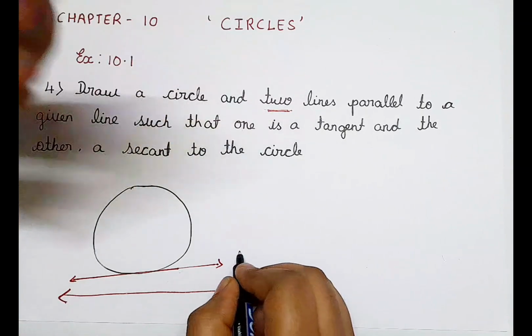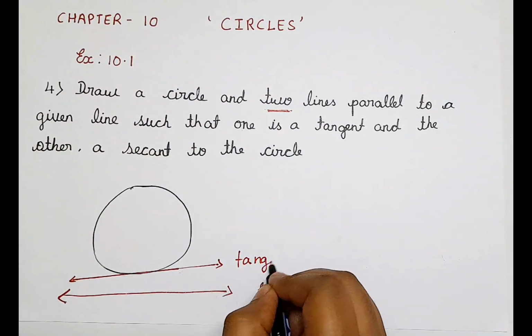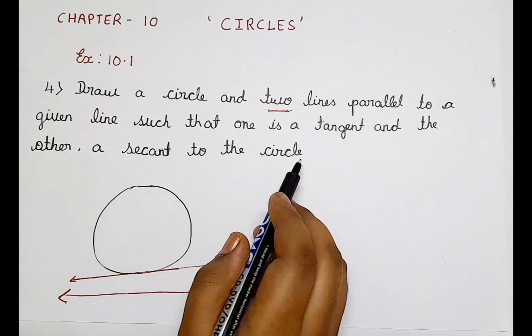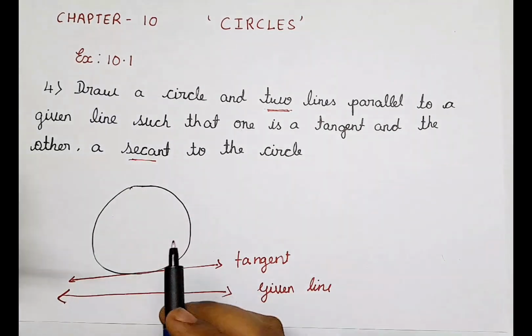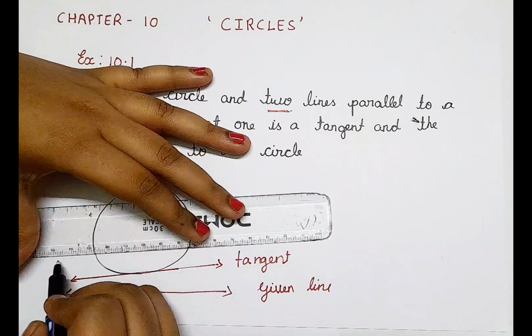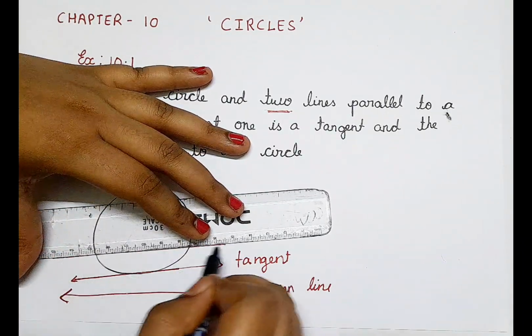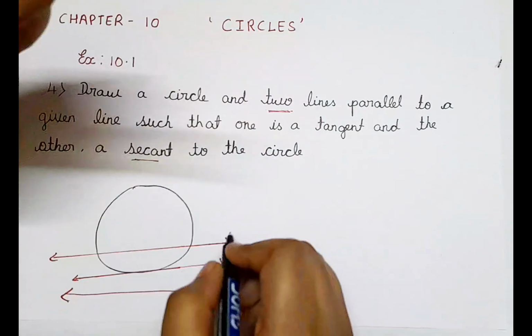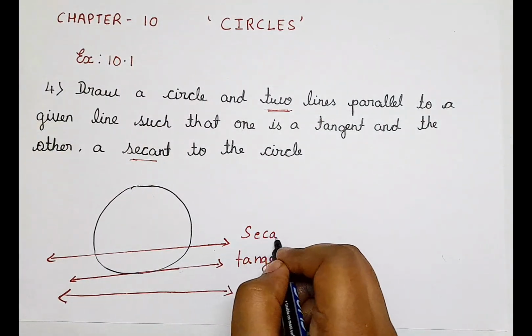So this is a tangent, and this is that one line. And the other is a secant to this circle. Secant means when I draw a line here like this, then I say this is a secant. So likewise this becomes a secant.